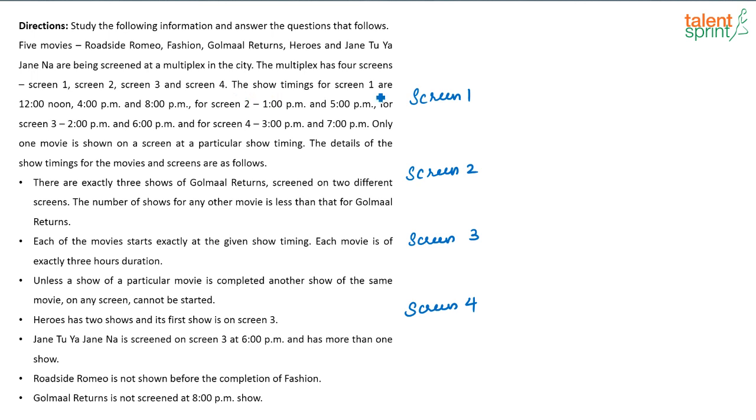The show timings for screen 1 are 12 noon, 4 p.m., 8 p.m. and as follows: only one movie is shown on one screen at a particular show timing. The details of the show timing for the movies and the screen are as follows. Some information is given.